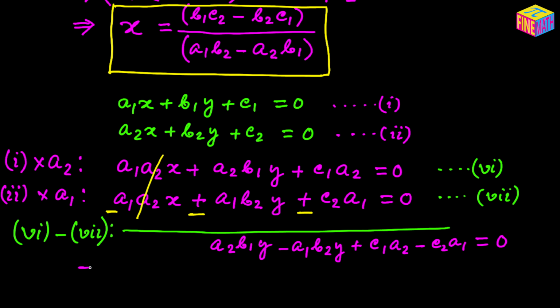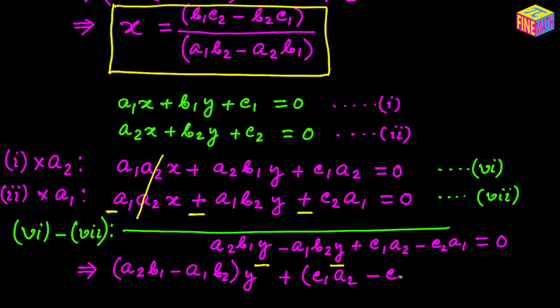And if we simplify this a little more, we have y as a common factor between these two terms, so we take that out. We are left with a sub 2 b sub 1 minus a sub 1 b sub 2 times y, plus c sub 1 a sub 2 minus c sub 2 a sub 1. All of this is equal to 0.